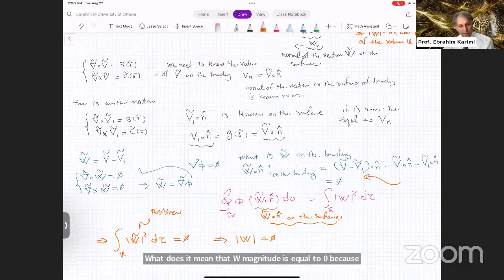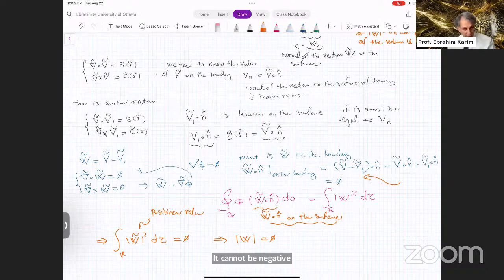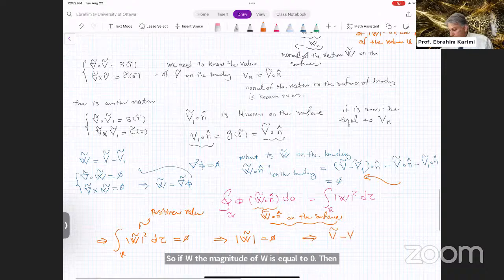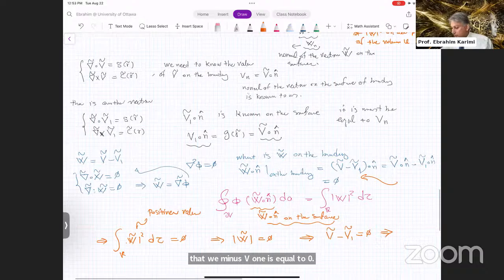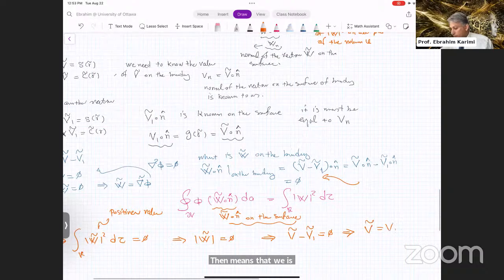It cannot be negative. On a volume, again, it is a positive quantity. So what you expect is that W is equal to 0. If the magnitude of W is equal to 0, then V minus V1 is equal to 0.